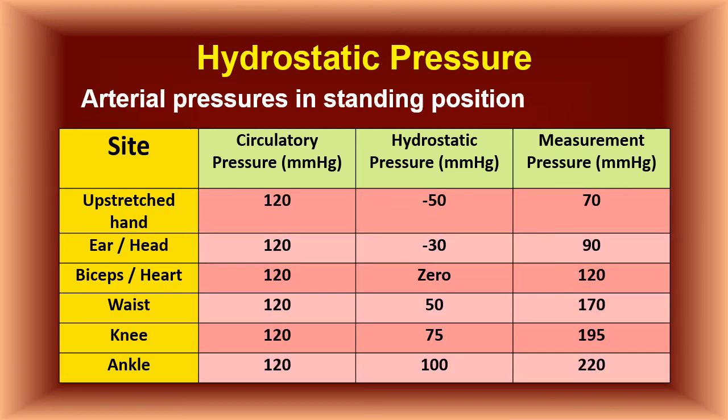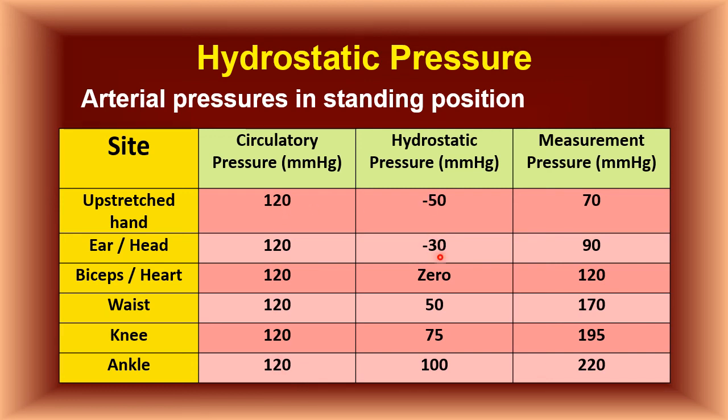Now we go to the hydrostatic pressure and its effect on the arterial circulation or arterial pressures. It's the same pattern. We have the circulatory pressure, but here we take the highest circulatory pressure, 120, which is the pressure in the left ventricle.